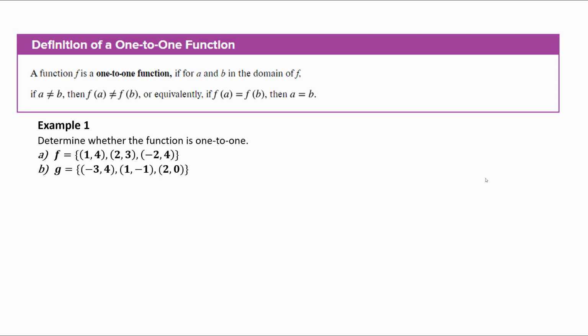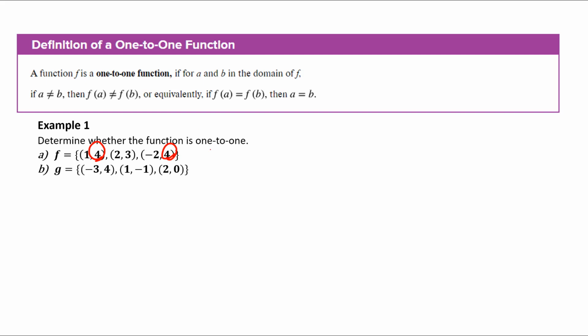All right, so here's an example just to look at a couple of functions and decide, are they one-to-one or not? Well, for part A, you can see you've got 1, 4, 2, 3, -2, 4. The domain is 1, 2, -2. The range is 4, 3, 4. And you can see that in this set, there is a value of y that has two different x's paired with it.